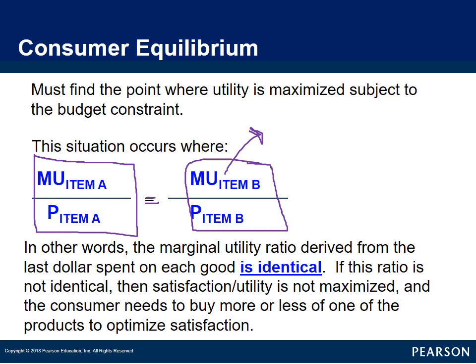And we know that the more items we purchase, the lower the marginal utility becomes. So this becomes a balance of the combination of two different items to figure out the consumer equilibrium. Let's look at an example and hopefully it'll get more clear.